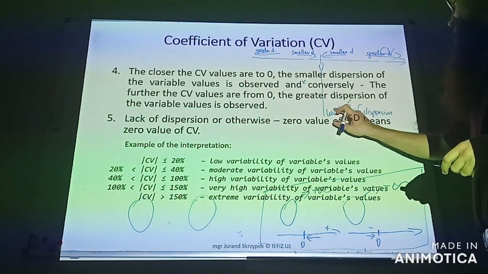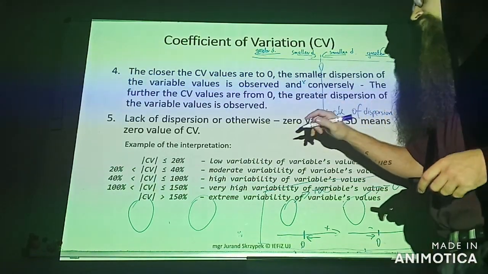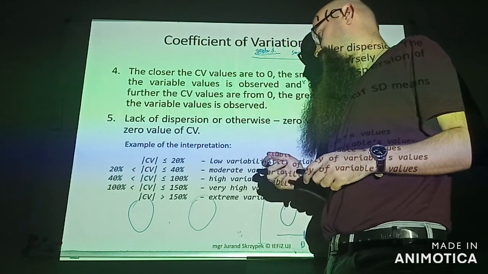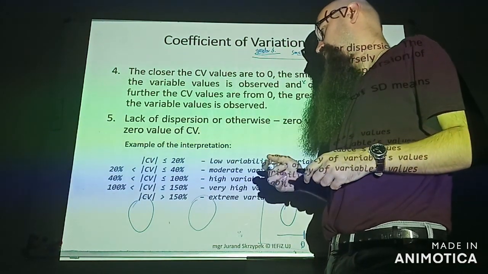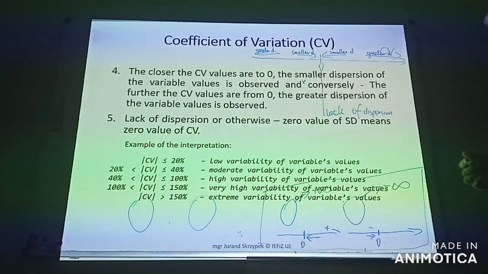Alright, and at the end I must stress that some statisticians propose the following example of the interpretation of coefficient of variation.